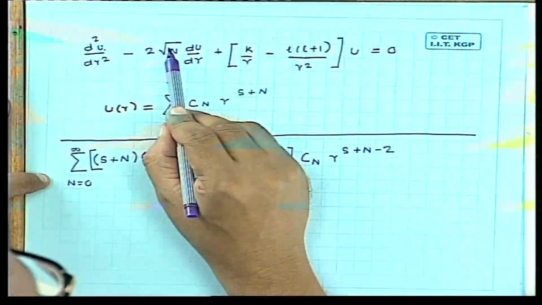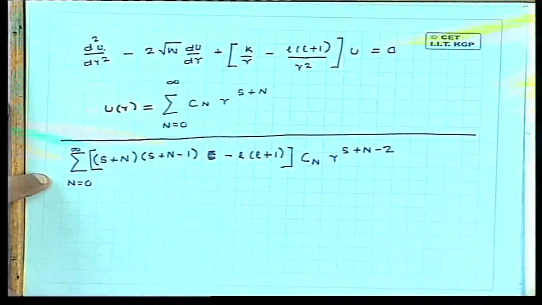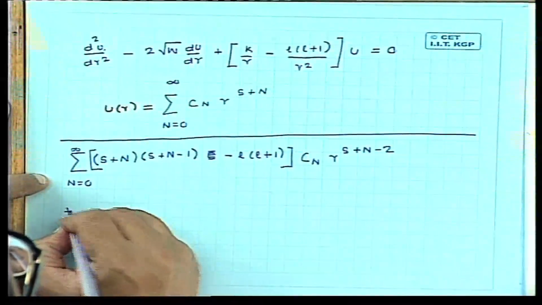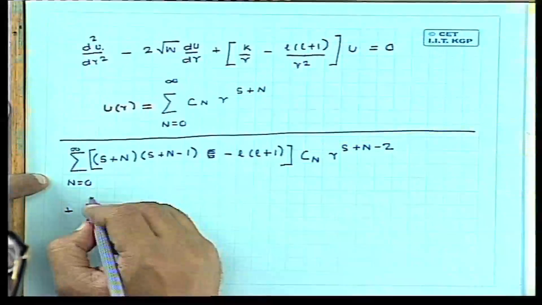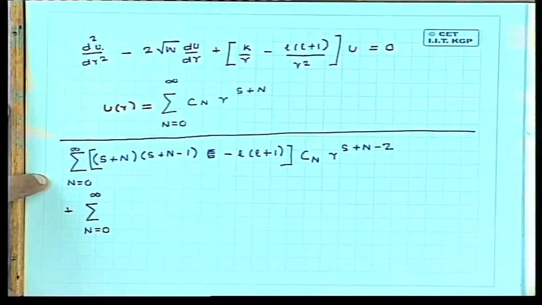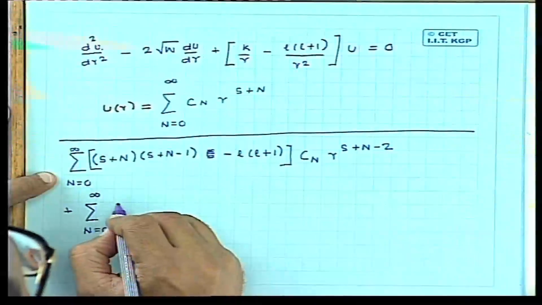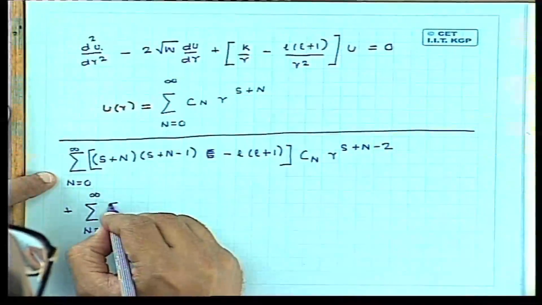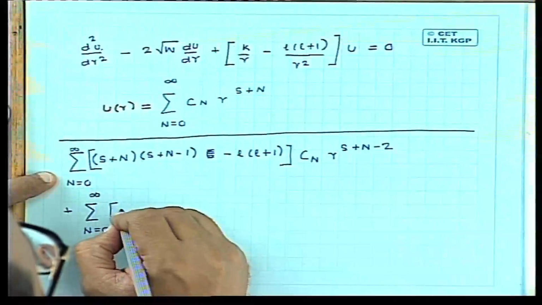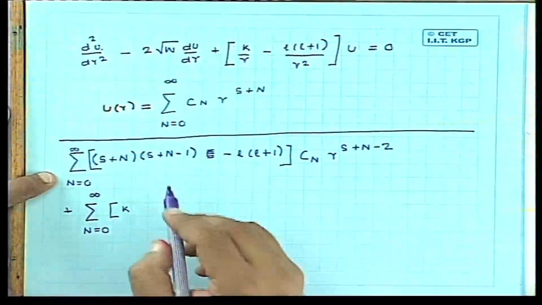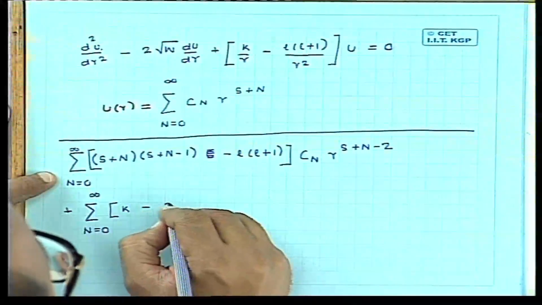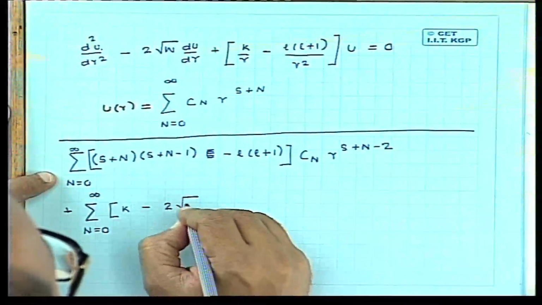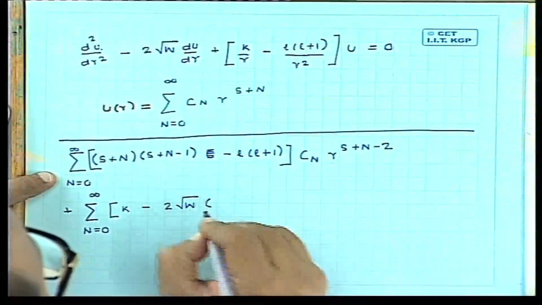Now let us combine this term and write down the resultant. So I have one more sum, n going from 0 to infinity, and this will give me k, and this will give me minus 2 square root of w.